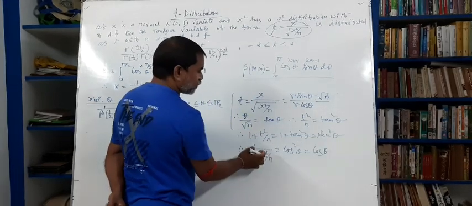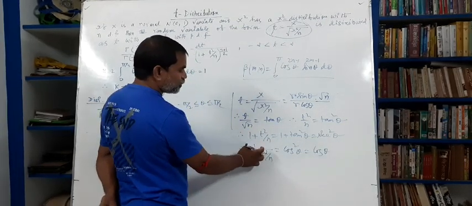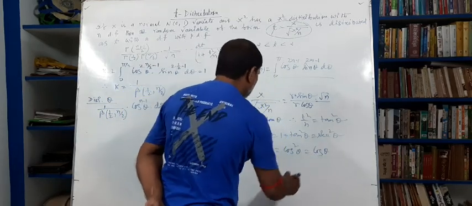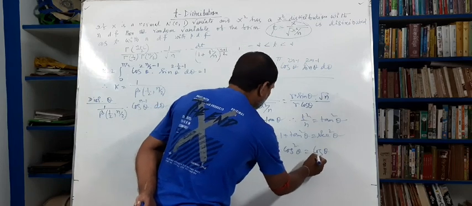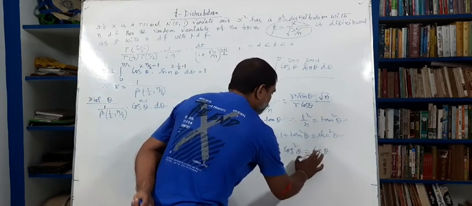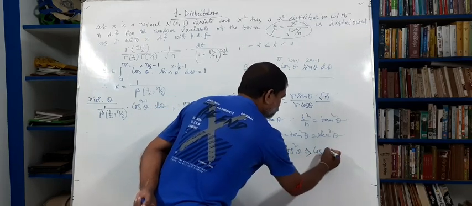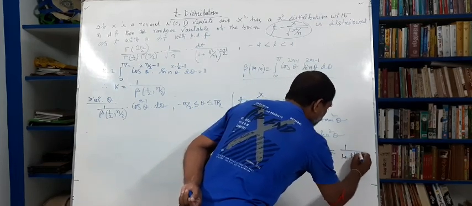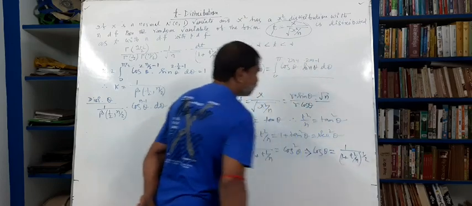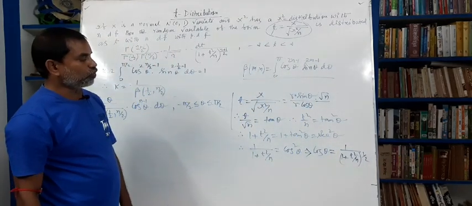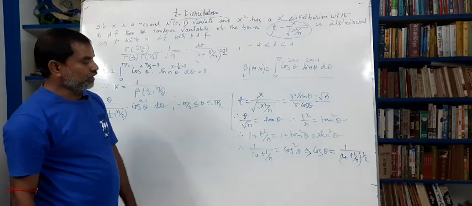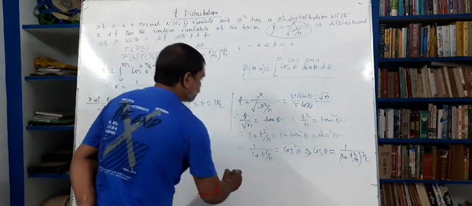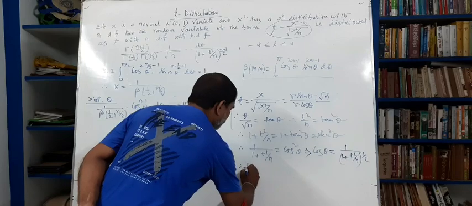From this, 1 by 1 plus t square by n equals cos square theta, and that can be written as cos theta equals 1 divided by 1 plus t square by n whole to the power half. And from this we get 1 by root n.